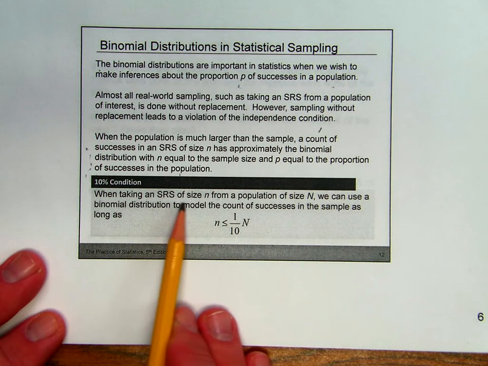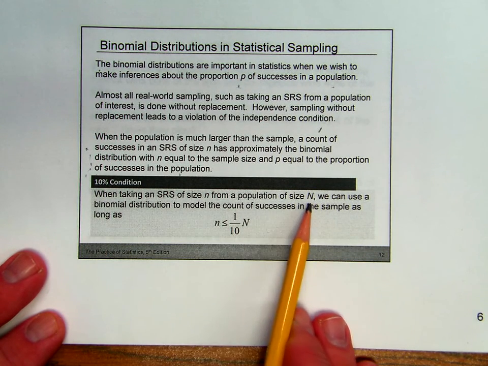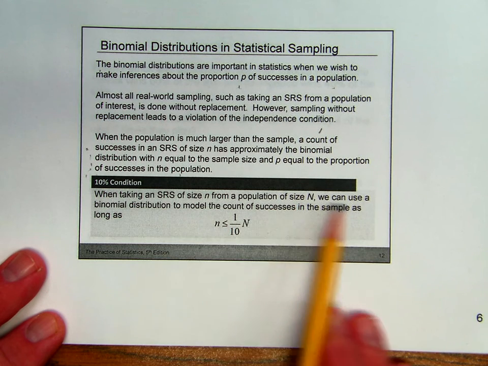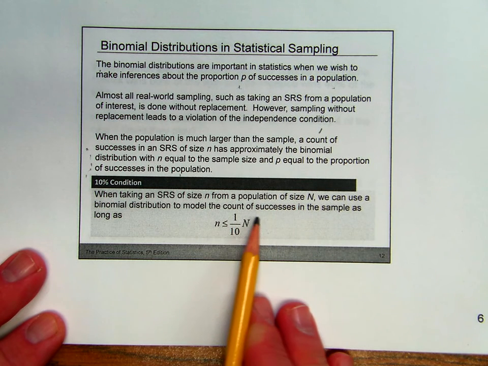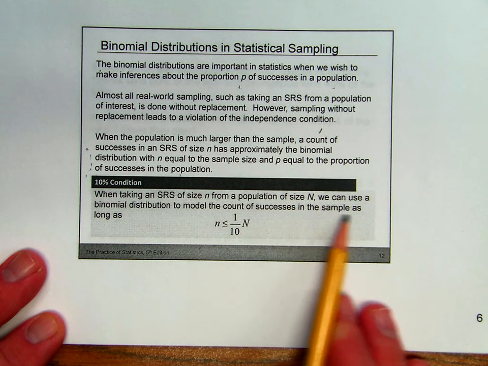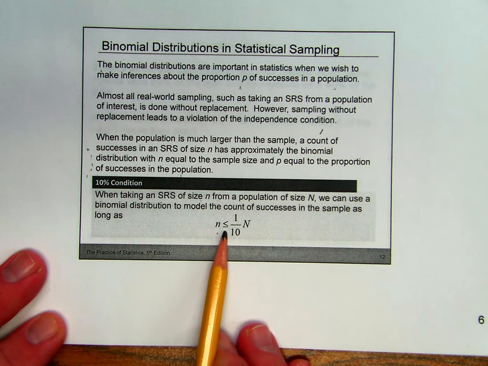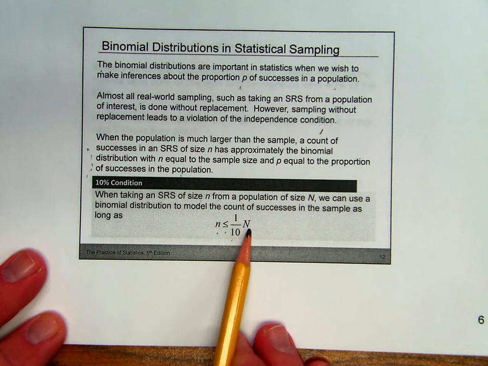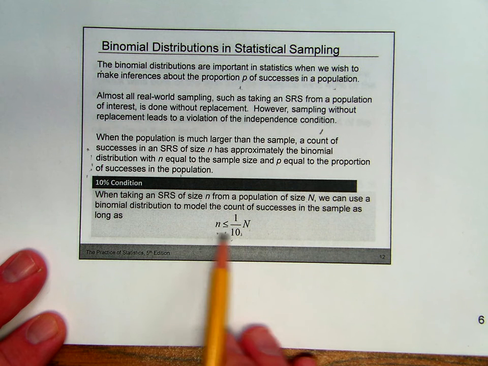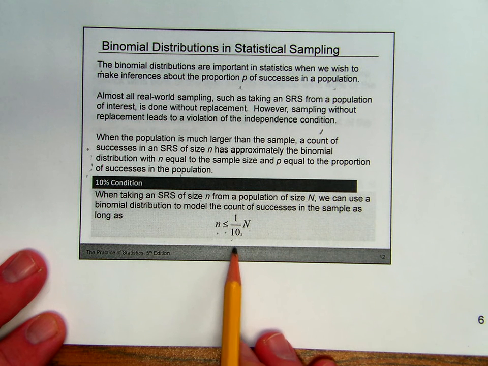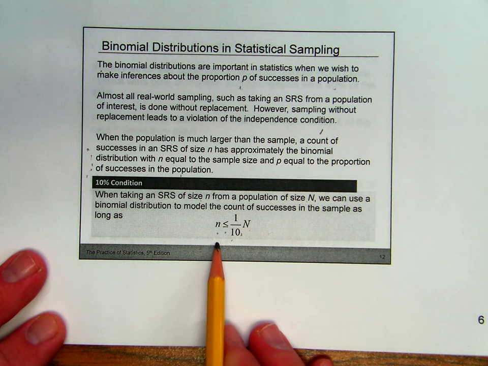When taking a simple random sample of size n from a population of size big N, we can use a binomial distribution to model the count of successes in the sample as long as n, our sample size, is less than 1/10 of the population size. Or a more common way you see that written is your sample can't be more than 10% of the population.